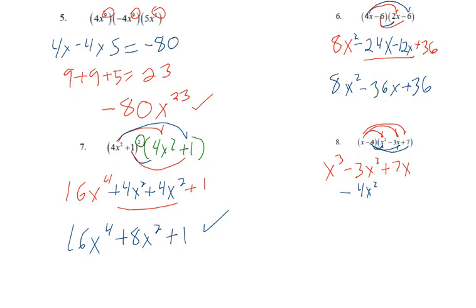Negative 4 times negative 3x is positive 12x. And negative 4 times 7 is negative 28. So we can combine our like terms. So we get x³, then negative 7x², plus 19x minus 28.